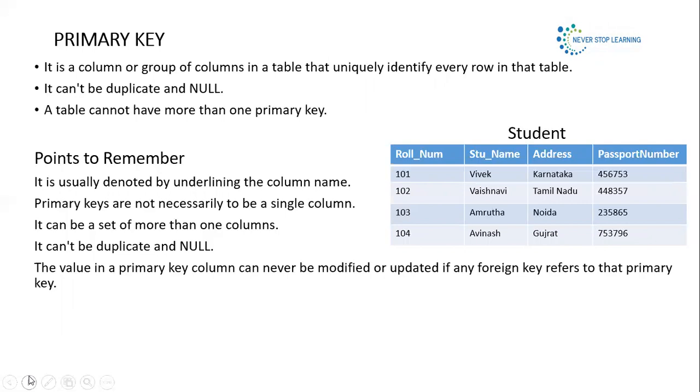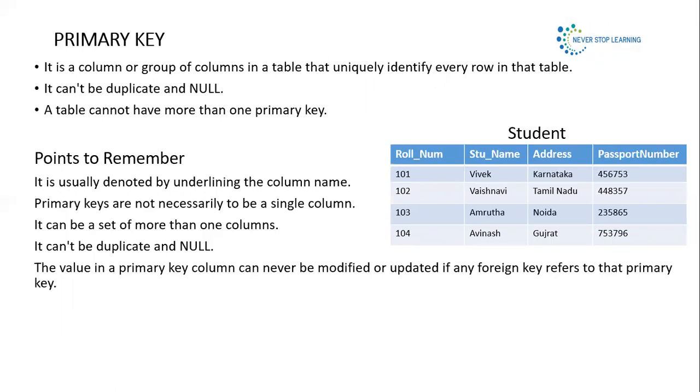That means the column which I'm selecting as primary key will first have all unique attributes, and it must have the attribute value. It is not the case that there is no value in the column and we are still selecting it as primary key. It will never happen.